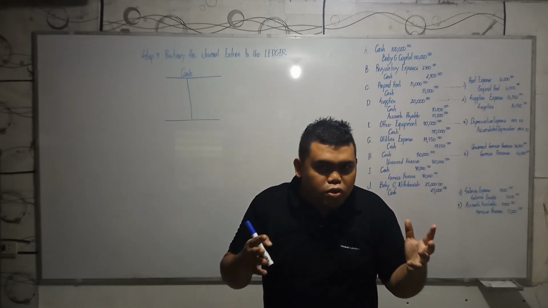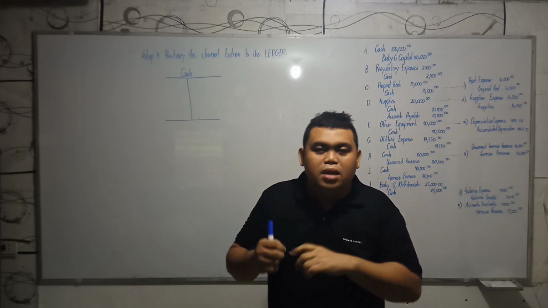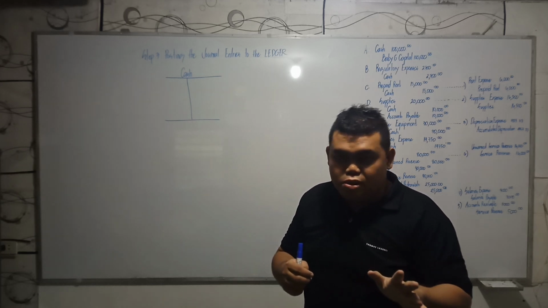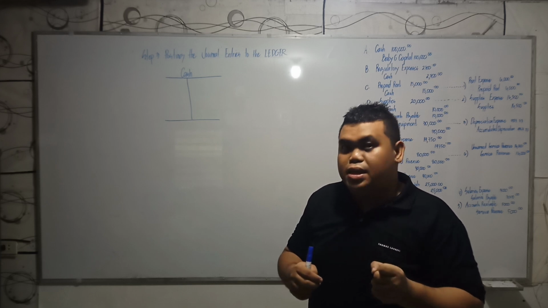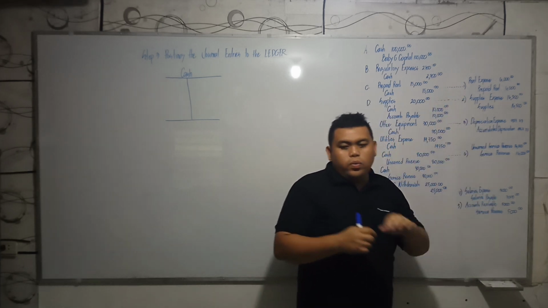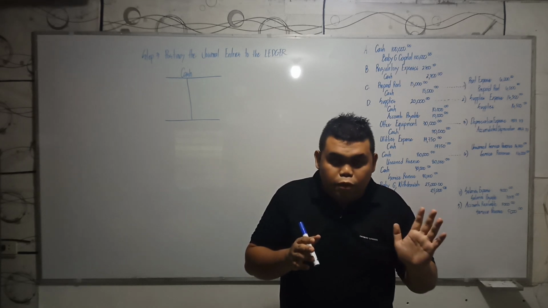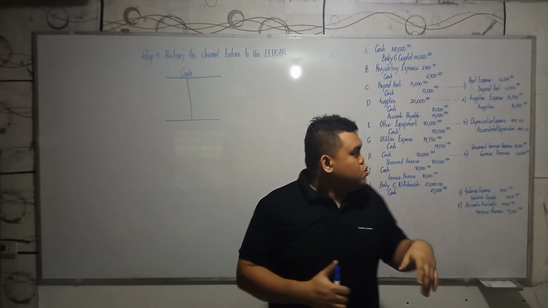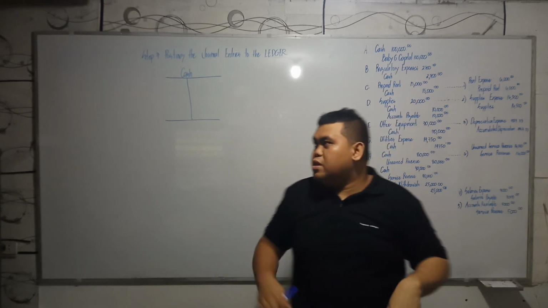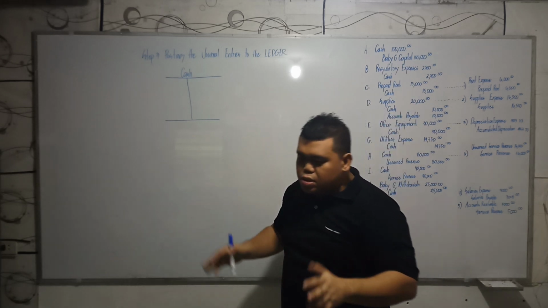Because our destination is to get the unadjusted balances of each of the accounts. So these particular adjustments will be set aside for the next steps. So we're going to post only this.